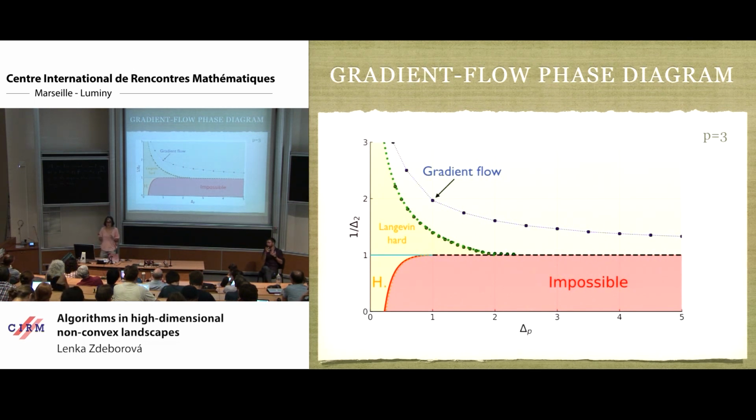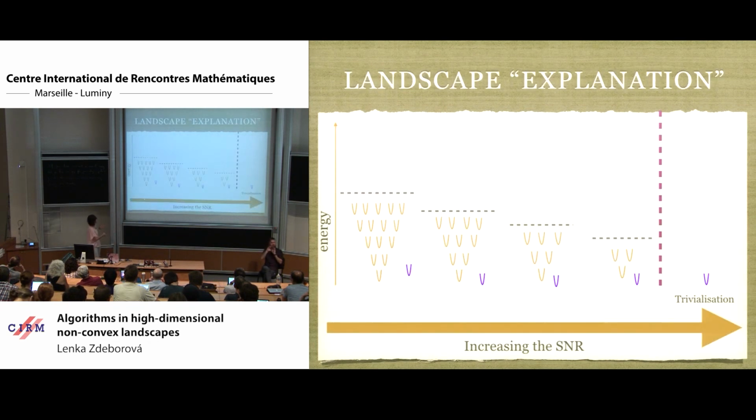So what is the usual explanation, kind of the cartoon that people have in mind, to explain that gradient flow would be working in some region of parameters and not working in others? It's kind of a picture that looks like this. As you're increasing the signal to noise ratio, if the signal is too weak, there is some minima here, the blue one, that corresponds to the ground truth or close to the ground truth, something you want to find.